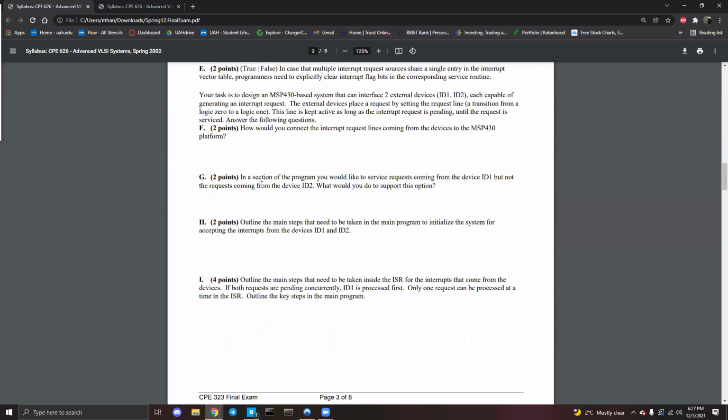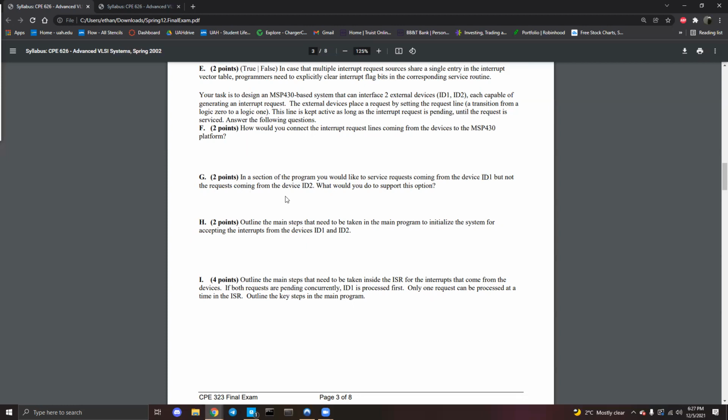And then G: in a section of the program, you would like to service requests coming from device ID 1, but not requests coming from device ID 2. So you would just do an if and then a logic test to sort this out. These both will set their own flags, like ID flag 1 and ID flag 2, because they're both going to be connected to do different things.